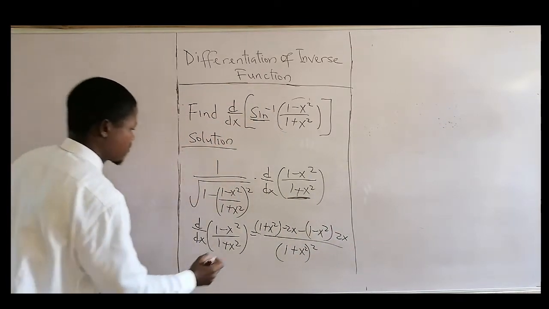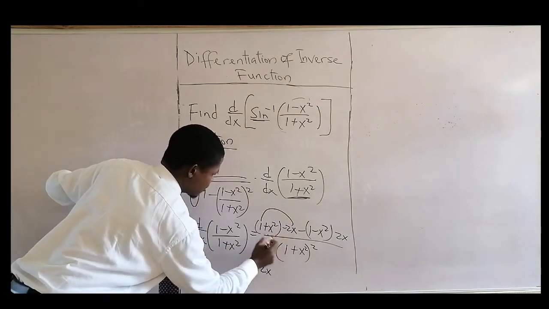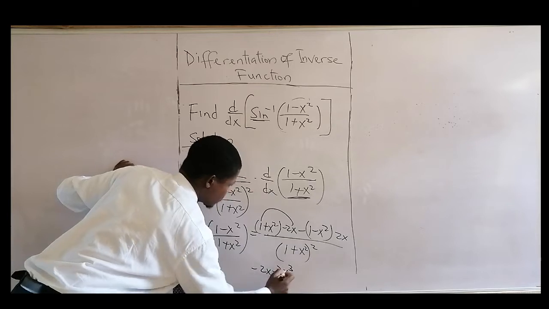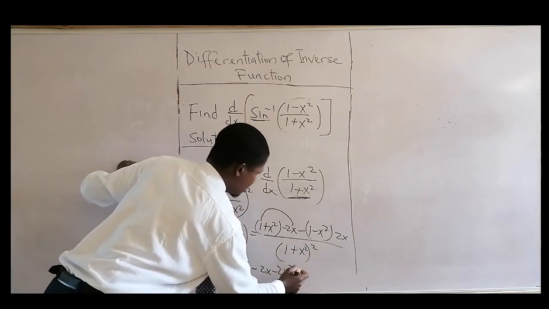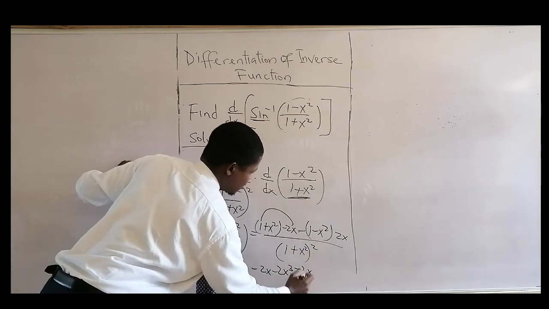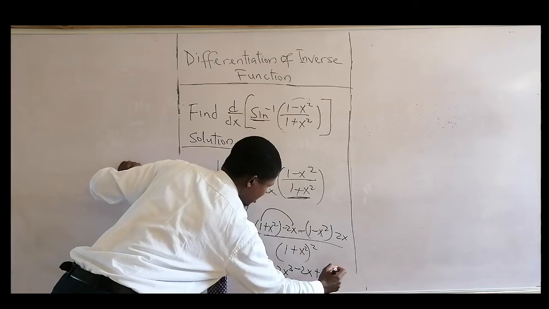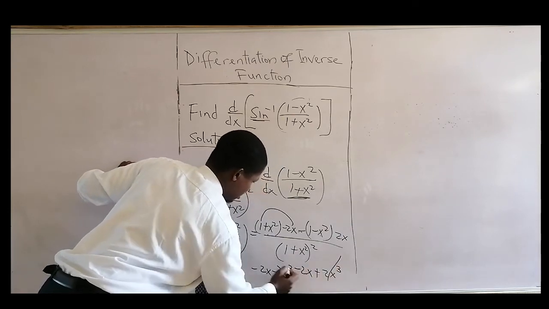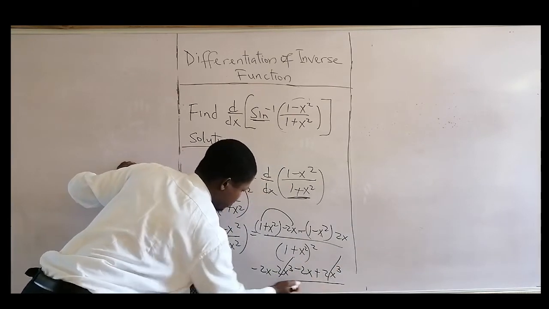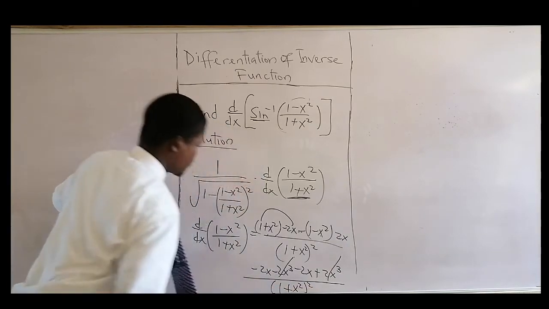Let's do the expansion. That will be this one times this one, minus 2x. This one times this one, minus 2x cubed. And then this one times this one, that's 2x times minus 2x. Minus times minus, that's plus. And this one times this one, 2x cubed. So this one will cancel, all over 1 plus x squared to the power 3.